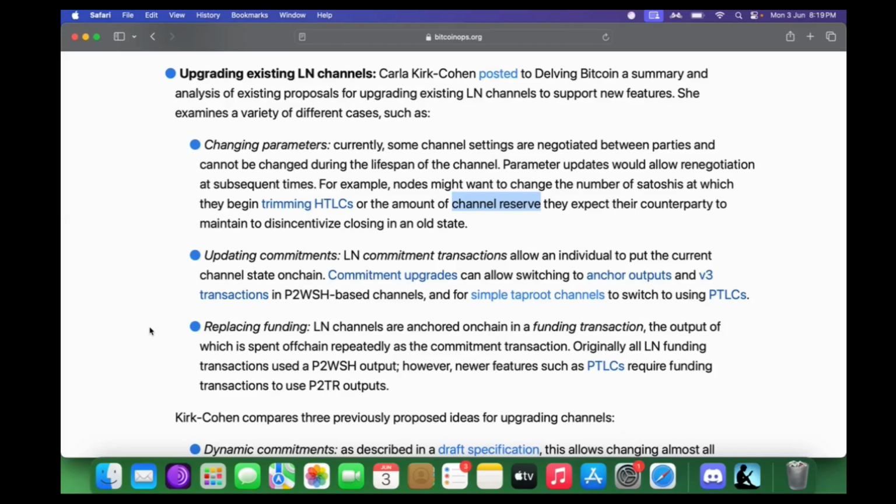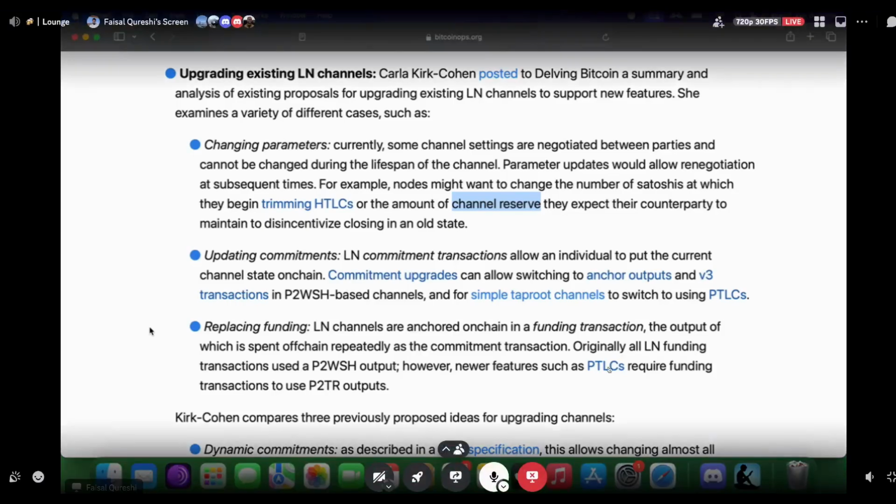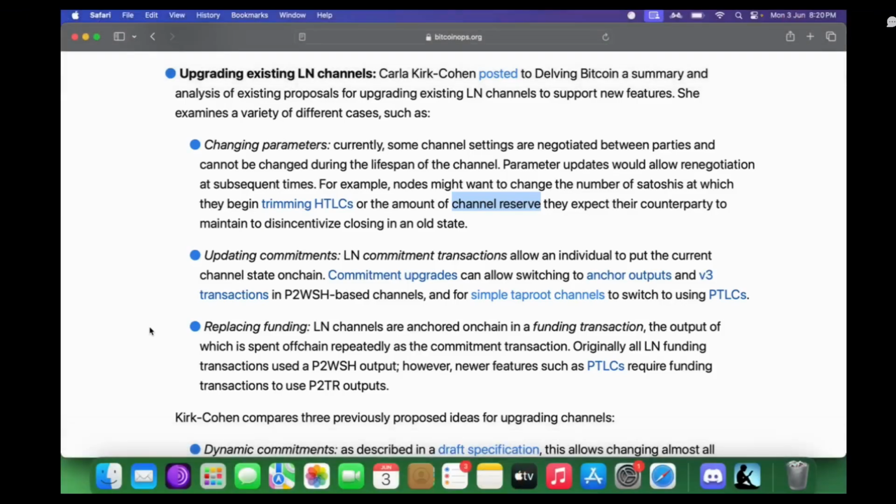When you negotiate a Lightning channel with someone, there are certain prerequisites that both the parties agree with, right? So they agree on a certain threshold: if the HTLC is above X amount, then you and I are ready to pay an on-chain fee for it. If it's below X amount, it's too little and you and I are not interested in paying any fee for it.